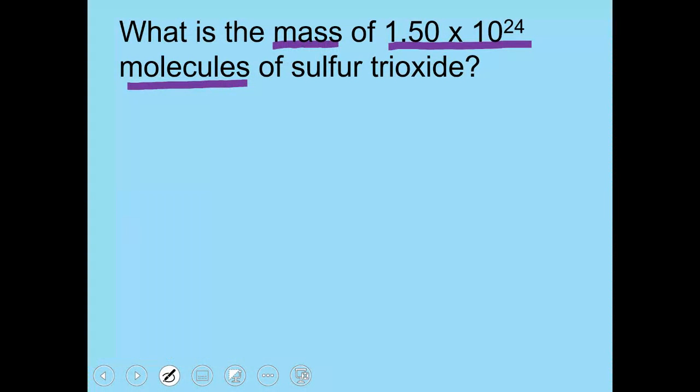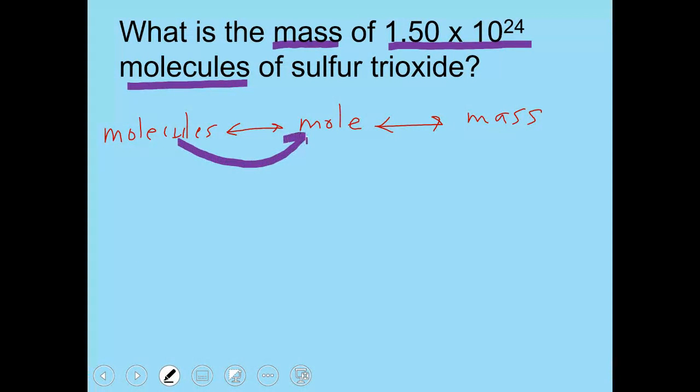So if you're going back and you're thinking about the steps, remember, we can convert from molecules to moles, and then we can do another step to convert from moles to mass. Okay, so we are indeed going to need 2 steps. Convert from molecules to moles, and then from moles to mass.